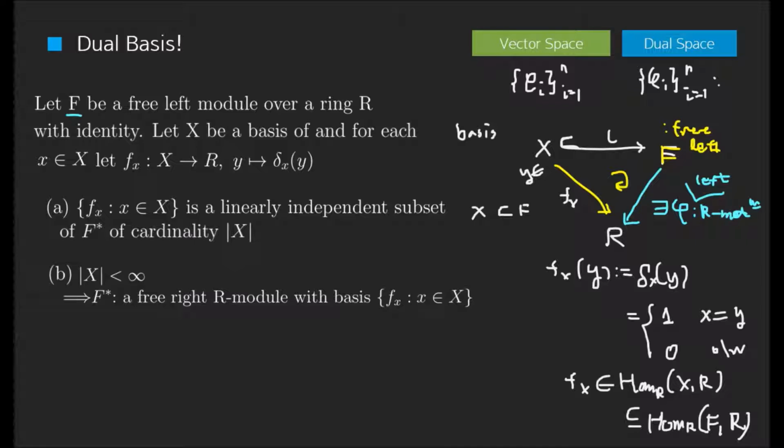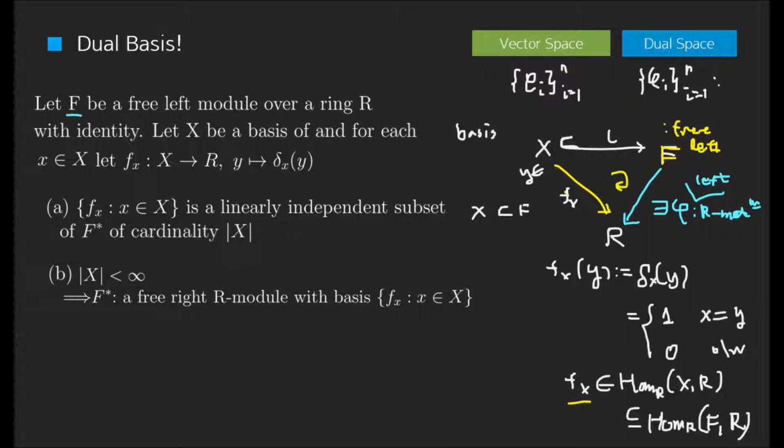Okay, I will not prove this statement, but just check the relation between the dual spaces in linear algebra and the dual module. A: f_x is a linearly independent subset of F star with cardinality of X. This is the number of bases, or the dimension, or the length.